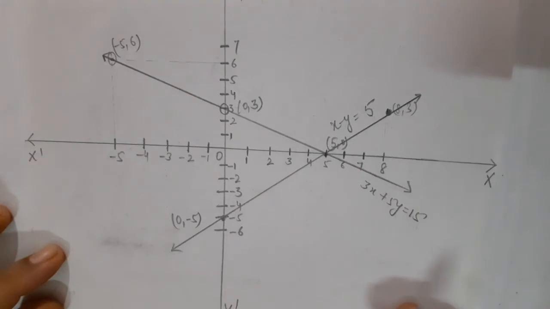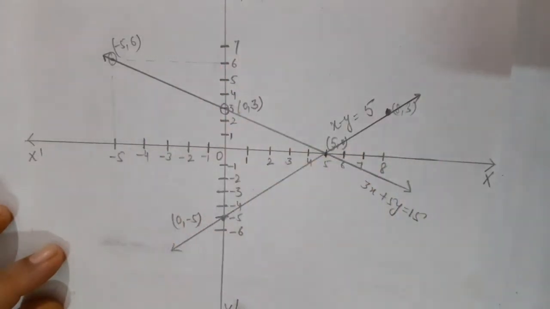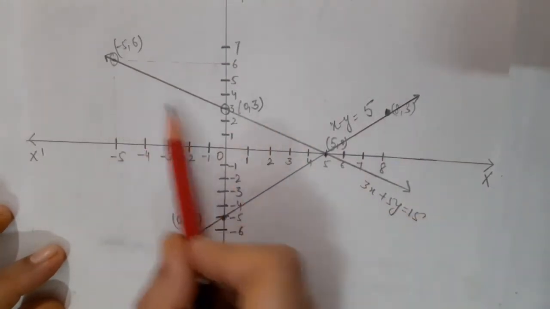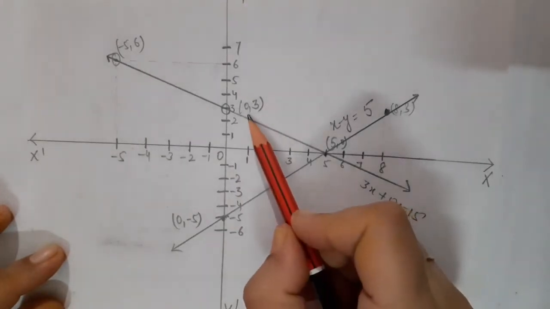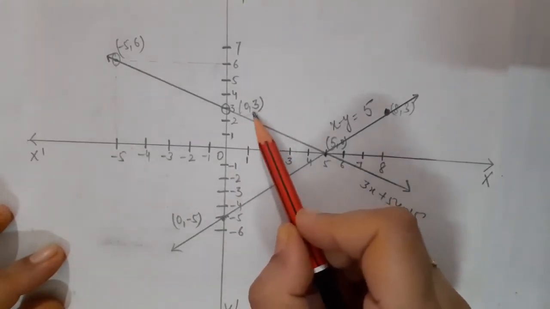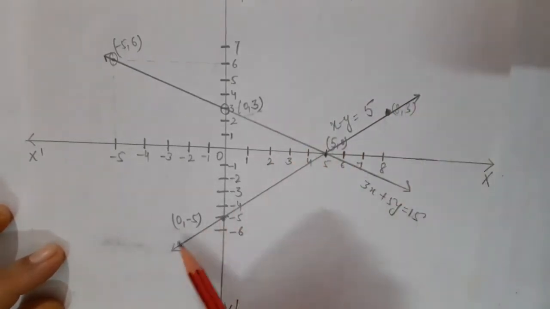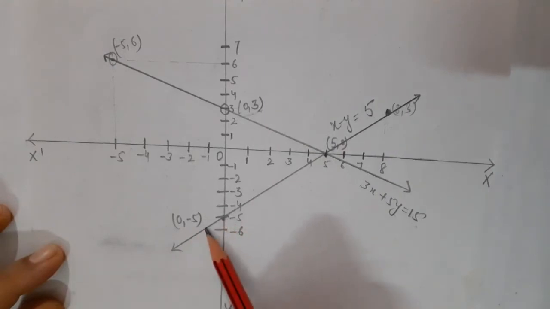Okay. And one more thing is asked, that where both of these lines are going to intersect the y-axis. So children, you can see that line 3x plus 5y is equal to 15 is going to intersect at point 0, 3 and x minus y is equal to 5 is going to intersect y-axis at 0, minus 5. Got it? Please check your solution.